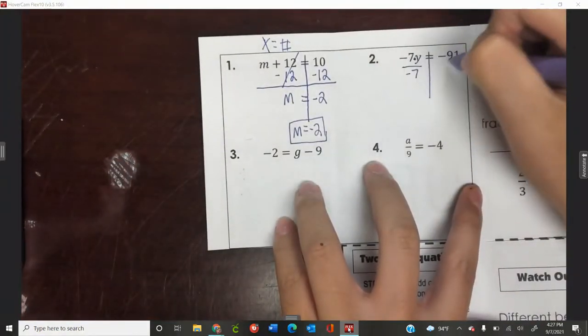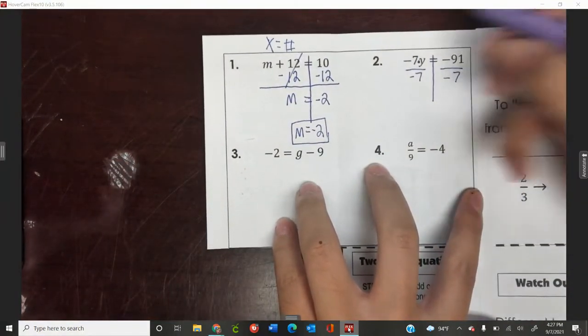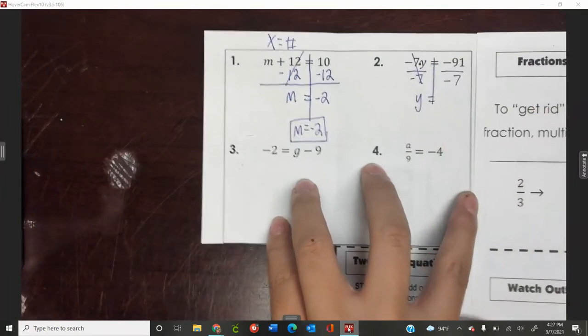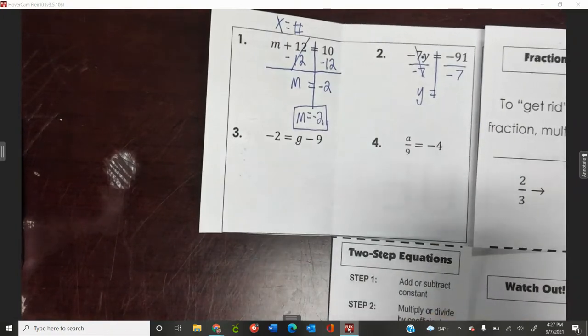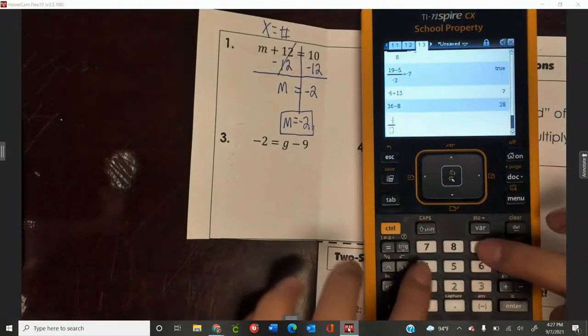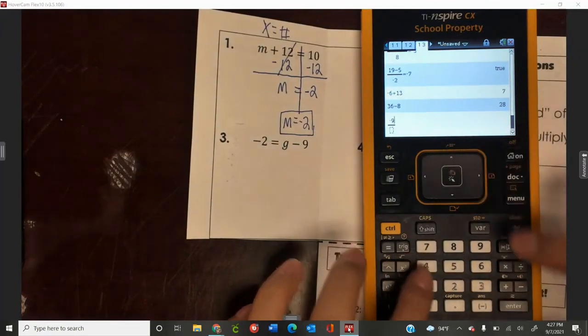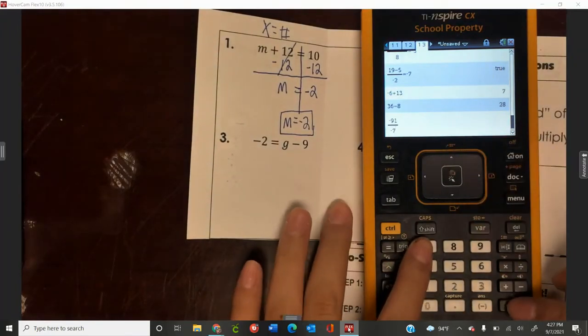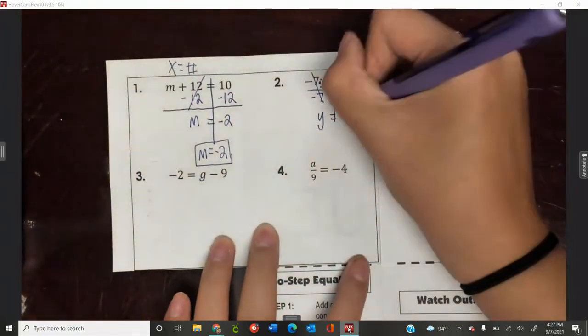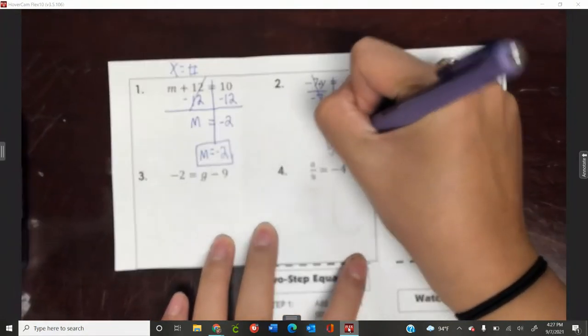So I'm going to divide by negative 7 on both sides. Here this cancels out. I'm left with y equals negative 91 divided by negative 7. So putting that in your calculator, Control Divide, negative 91 on top, and then negative 7 on the bottom. We get a positive 13. So here y equals 13.